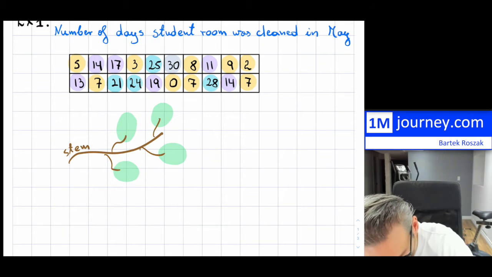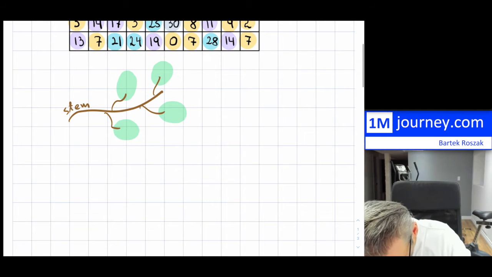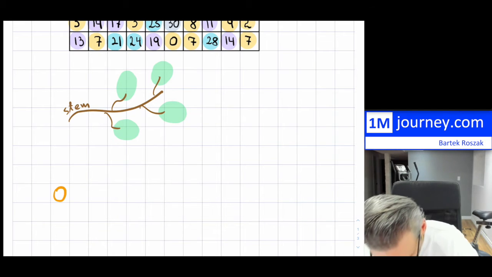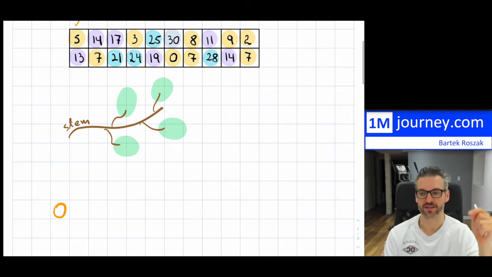So what I mean by that is, if I take all the single digit numbers, because they're only a single digit, I can place a 0 in front of them. All right, so I'm going to say, here are all the numbers that are single digit. So they're going to start with a 0. So if I write 0, 5, it's the same thing as 5. Or if I write 0, 3, it means the same thing.